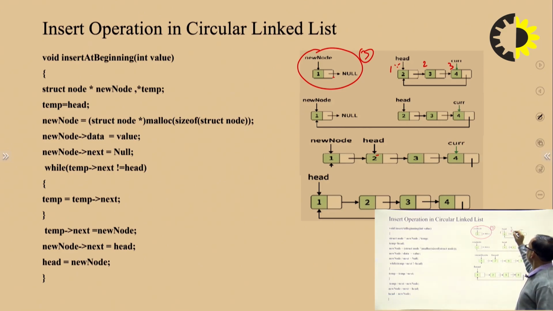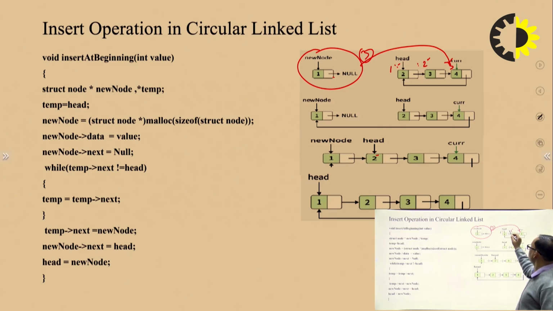So this node is at first position, this is at second position, and currently this is at third position. Now we have to insert this new node at third position. So again, the case will be that we have to insert this new node after node 2, and a similar step can be used here.